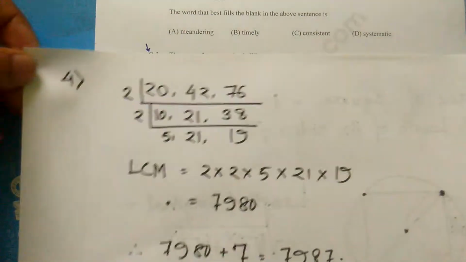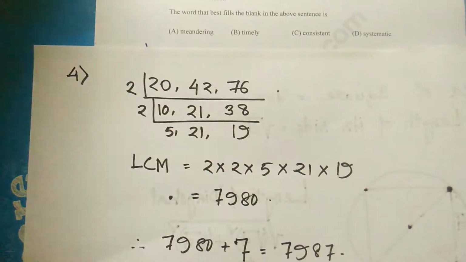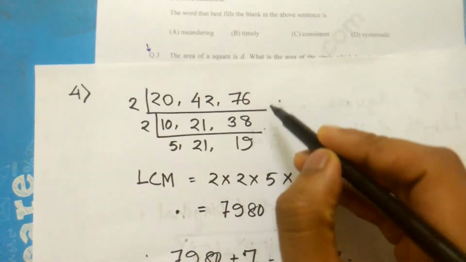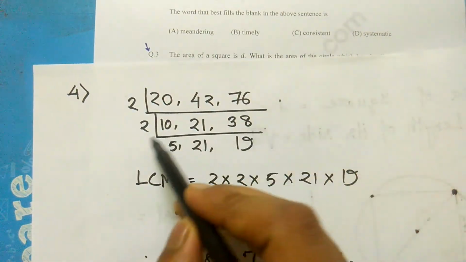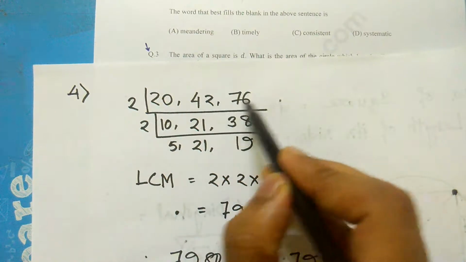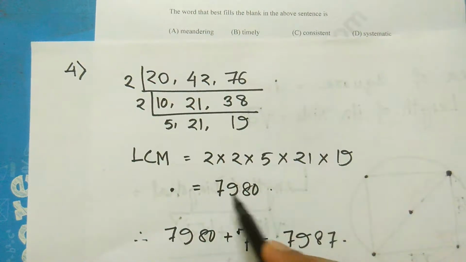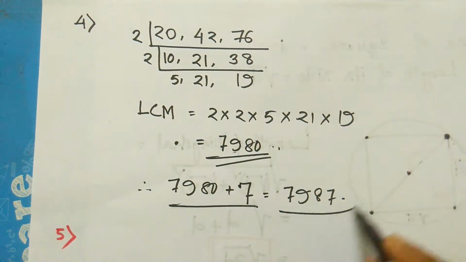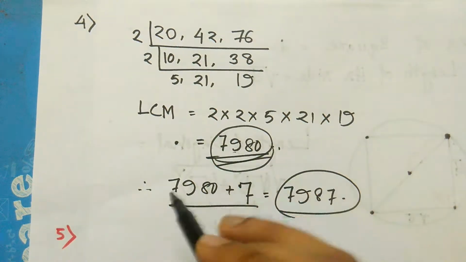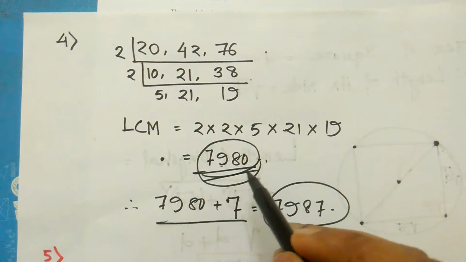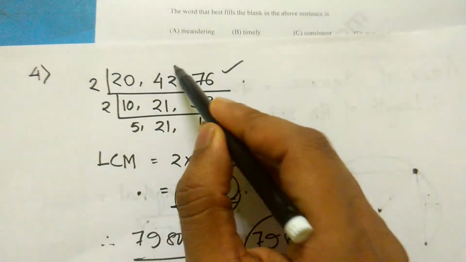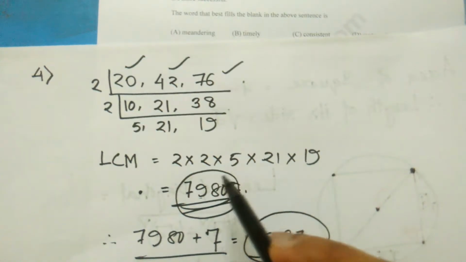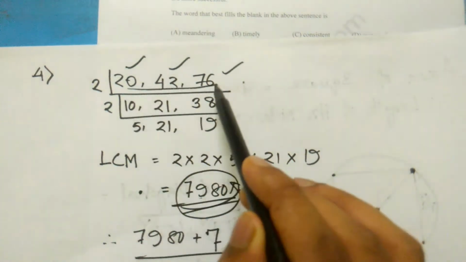So this is the funda. Here we have found the LCM of 20, 42 and 76, and if you add 7 to that, you will get this. This LCM can be divided by 76, 42 and 20, and it is the smallest number which is divisible by all these three numbers.